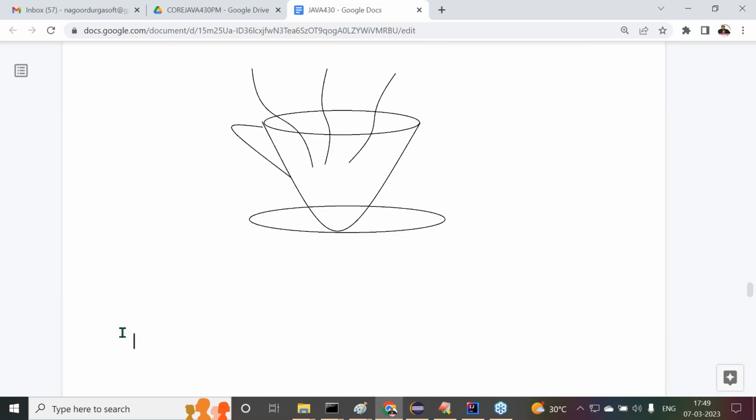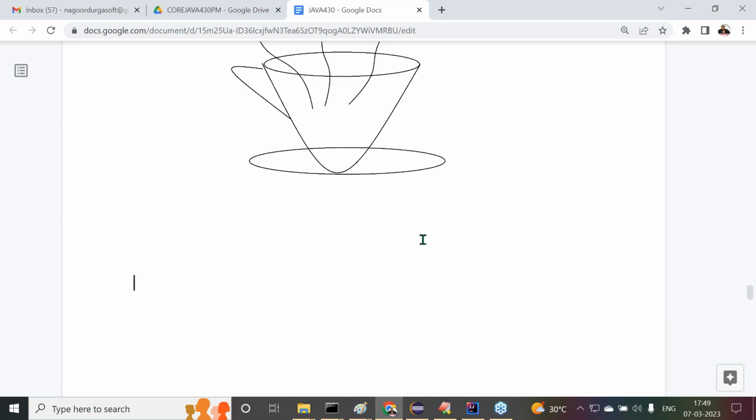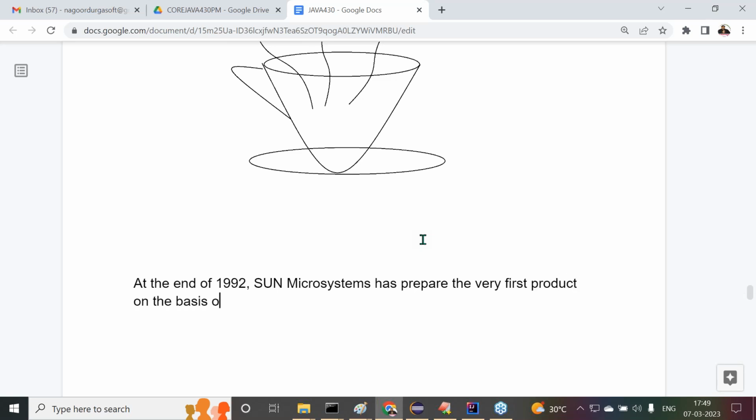Right, it is completed. The new programming language was provided and defined. Then immediately, what did Sun people do? At the end of 1992, Sun Microsystems prepared the very first product on the basis of Java.